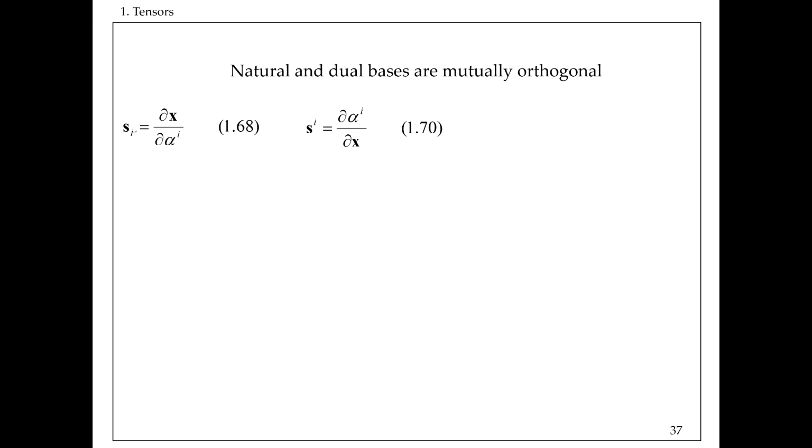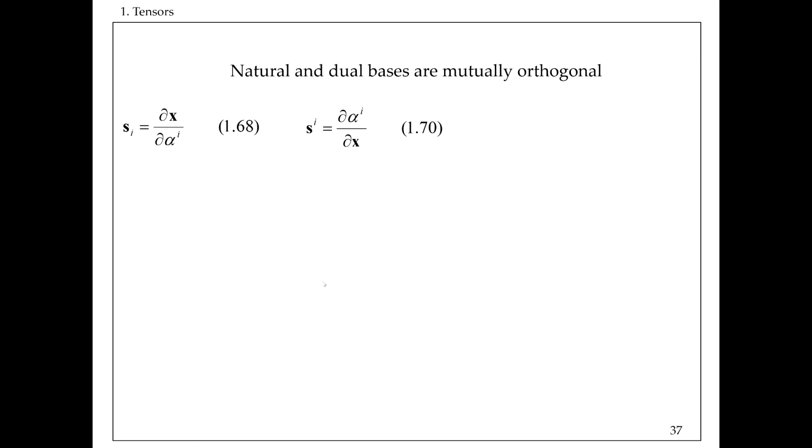If we take the natural basis S_i and the dual basis S^j, and to distinguish them we have the upper superscript index here, and we take the dot product of these two, then when the indices are the same, the projection will be unit, and when they are different, it will be 0, very similar to the dot product of e_i and e_j, when we had the definition of the Kronecker delta and their projections.